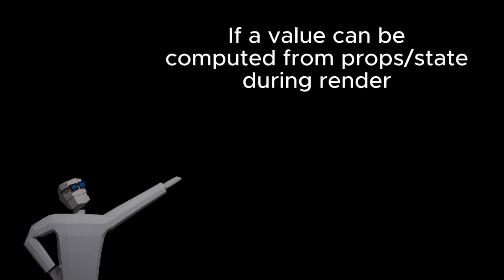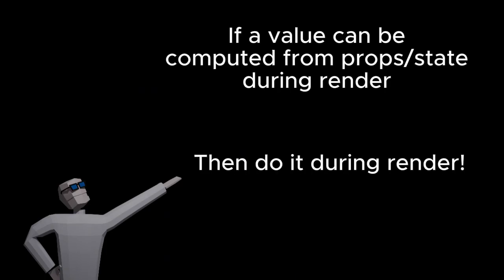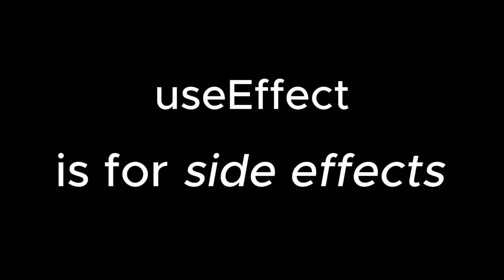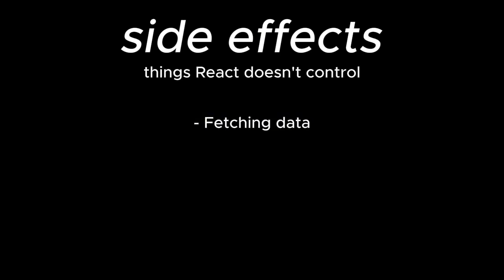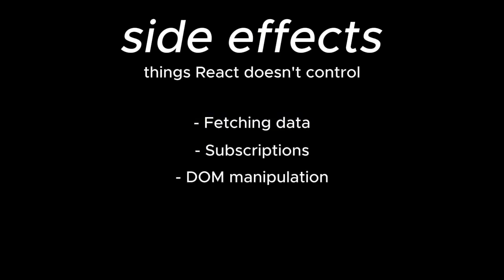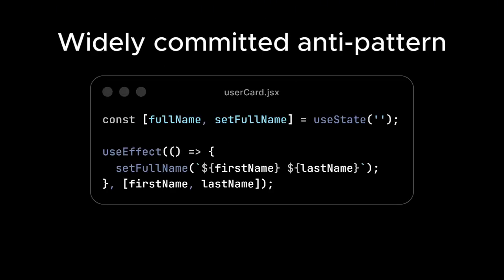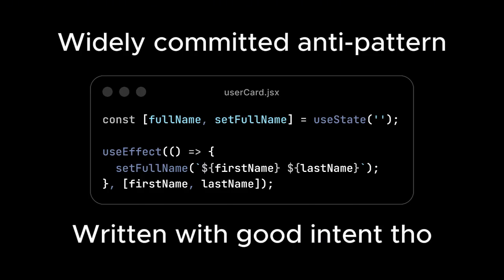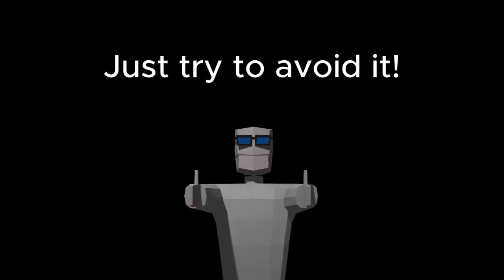If a value can be computed from existing props or state during render, compute it during render. useEffect is for side effects, things that reach outside React, like fetching, subscriptions, DOM manipulation. Math and string concatenation don't qualify. This is one of the most repeated anti-patterns in modern React guidance, and it's almost always written with good intentions. It just doesn't need to be there.